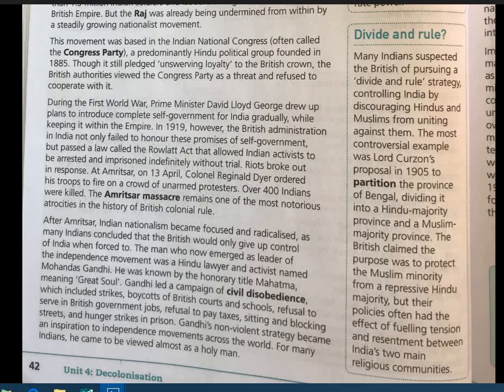The most controversial example was Lord Curzon's proposal in 1905 to partition the province of Bengal, dividing it into a Hindu majority province and a Muslim majority province. The British claimed that the purpose was to protect the Muslim minority from a repressive Hindu majority, but the policies often had the effect of fueling tension and resentment between the two major religious communities in India.